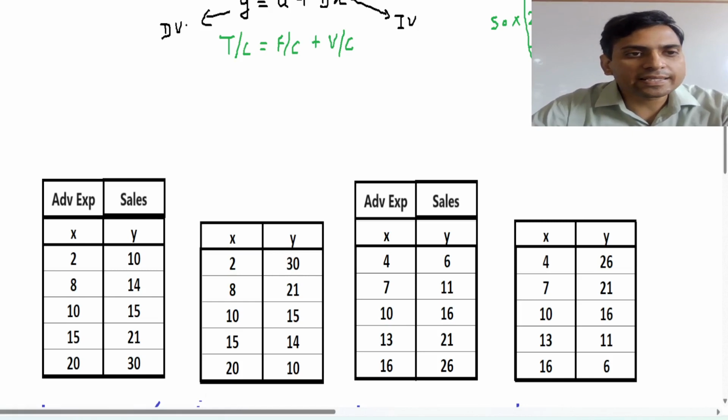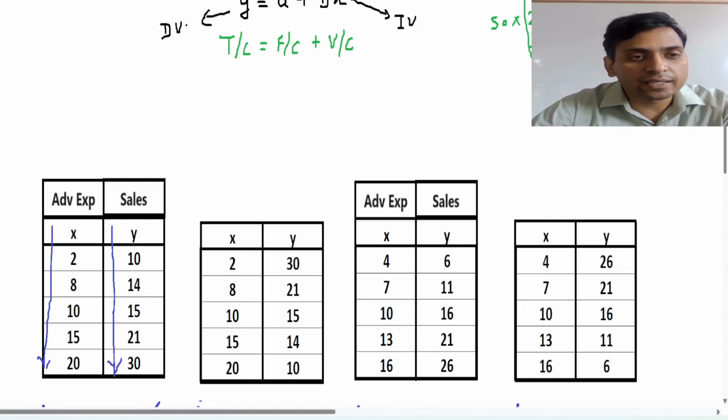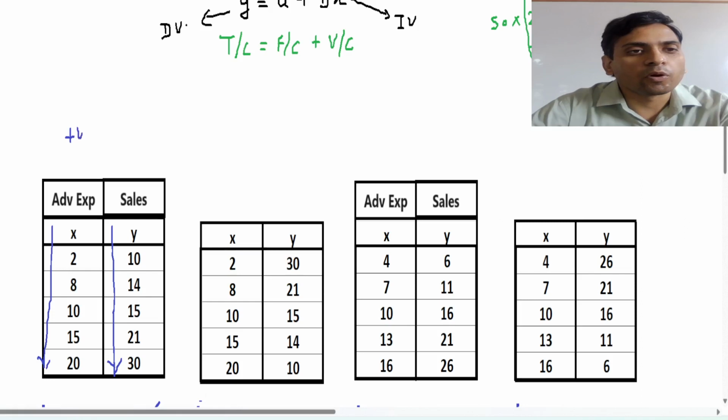And in the second, sales also show an increasing pattern. So we can say as advertisement increases, sales also increases. This means both variables are in the same direction, both in increasing direction. That's why we can say there is positive correlation.